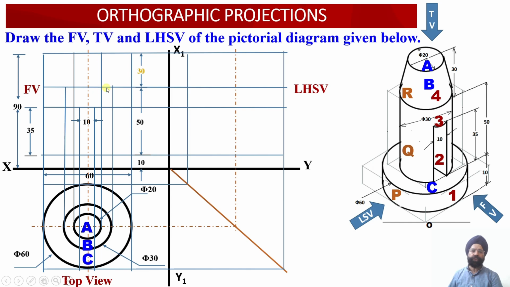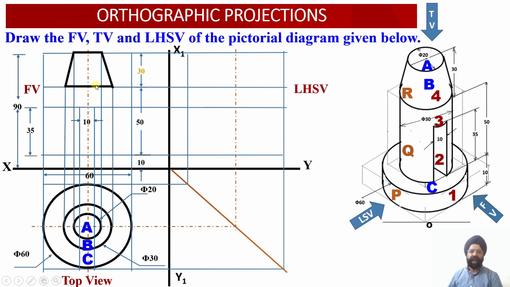Now the bottom portion I have identified through the construction of the circular projection corresponding to the top face of element number 2. Now I can join this end with this end, and this end with this end over here.